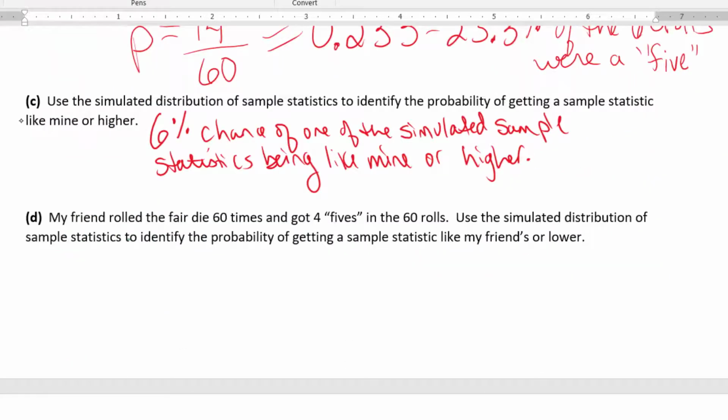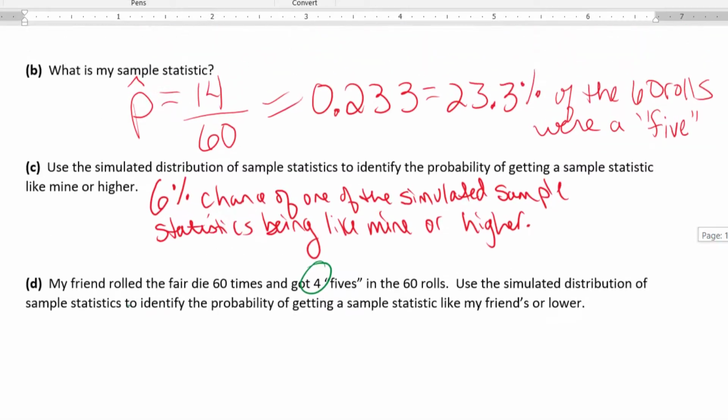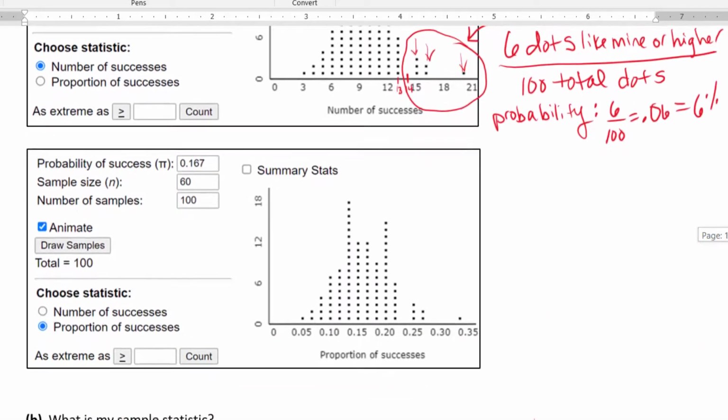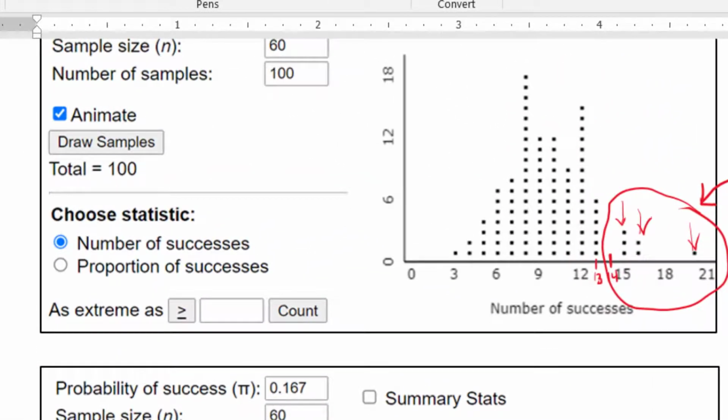Part D says, my friend rolled a fair die 60 times and got 4 fives in the 60 rolls. And again, asked to use the simulated distribution of sample statistics to identify the probability of getting a sample statistic like my friend's or lower. So if my friend got 4 out of 60, we would be talking about right here. Here is 4 fives out of 60 rolls.